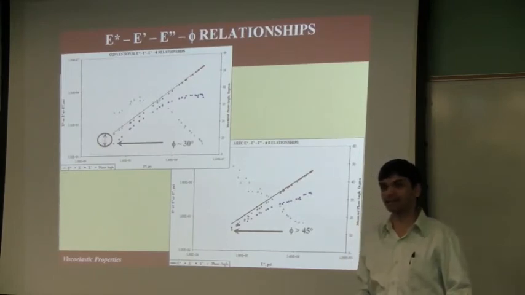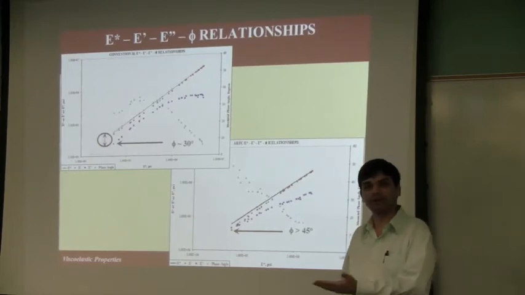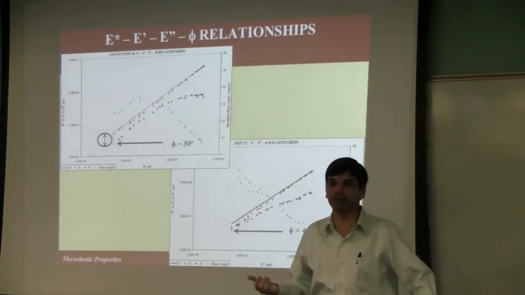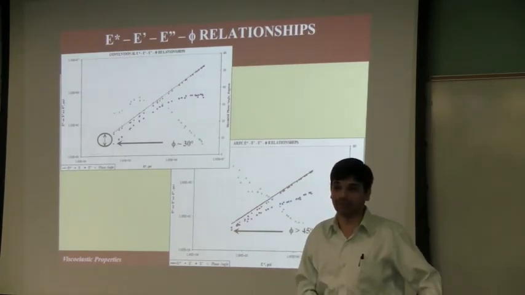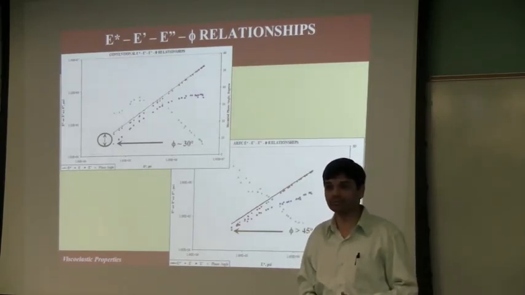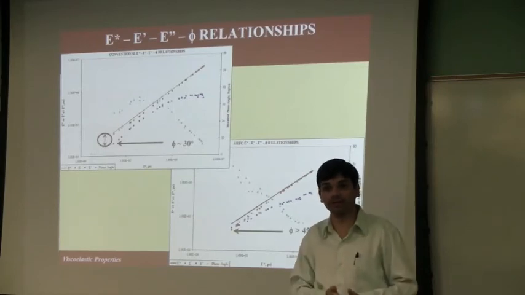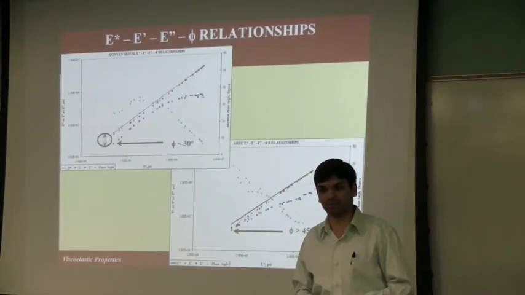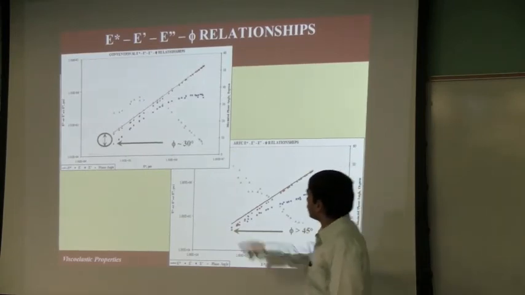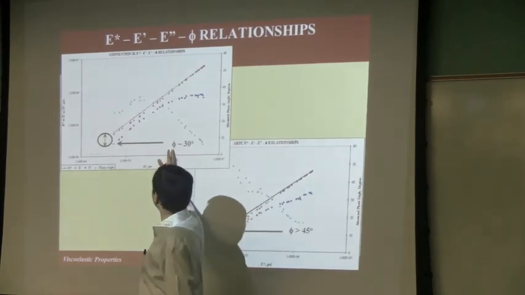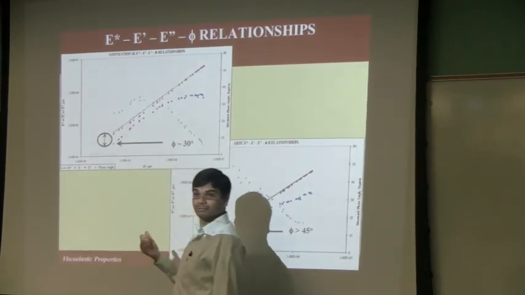And phase angle is actually ratio of loss modulus to storage, which is E double prime over E prime. So if it is 1, E prime should become E double prime, or loss modulus should equate to viscous, elastic. Elastic should become equal to loss. But here you don't see that because the difference is 30 degrees.